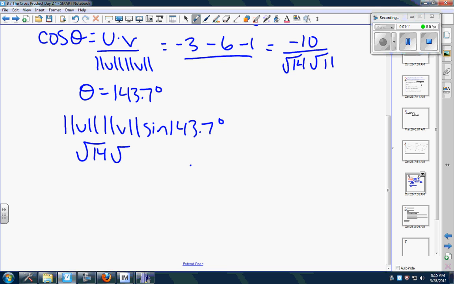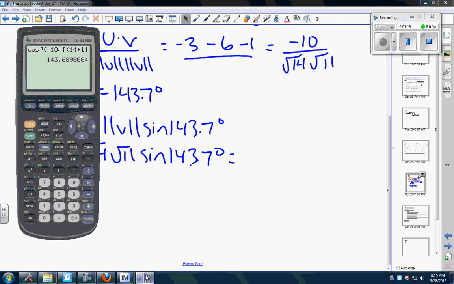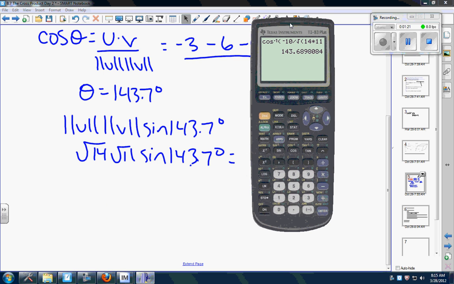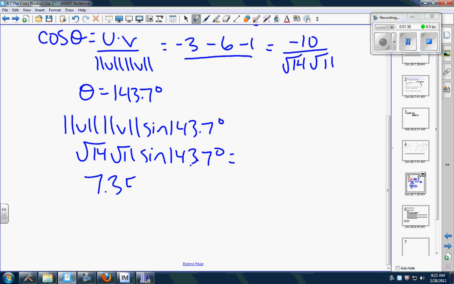Square root of 14, square root of 11, sine of 143. So area of that parallelogram should be 7.35. We'll go units squared because we don't know what those vectors are measuring.